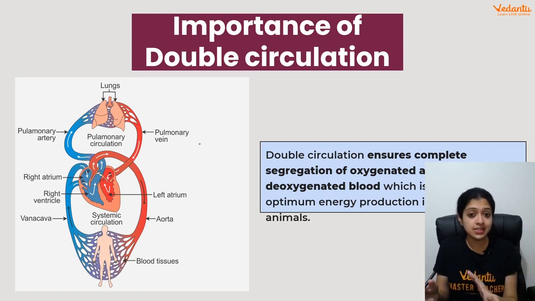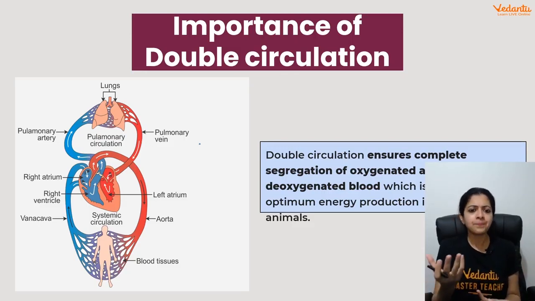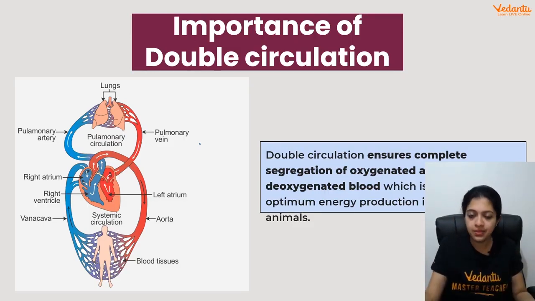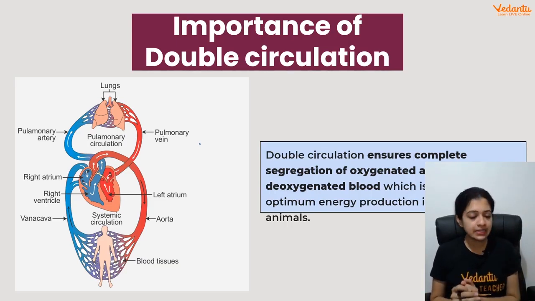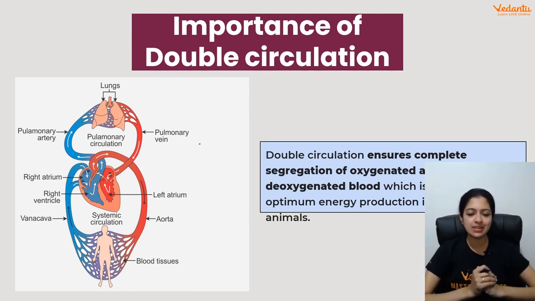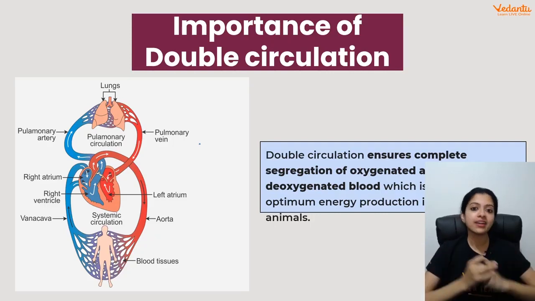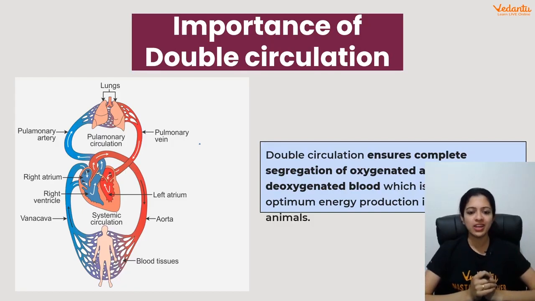No. In fishes and amphibians and all of those, their energy requirements and metabolic needs are a lot different from higher organisms like mammals and birds. So in our case, double circulation ensures complete separation of oxygenated and deoxygenated blood. And this is necessary for optimal energy production. Separation of deoxygenated and oxygenated blood.